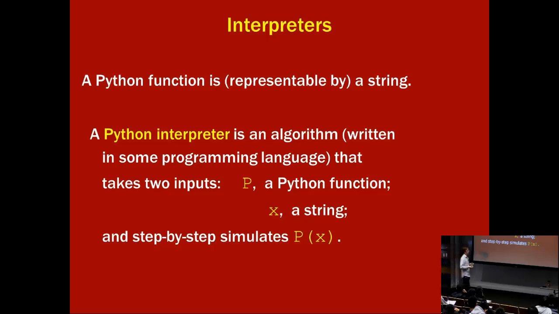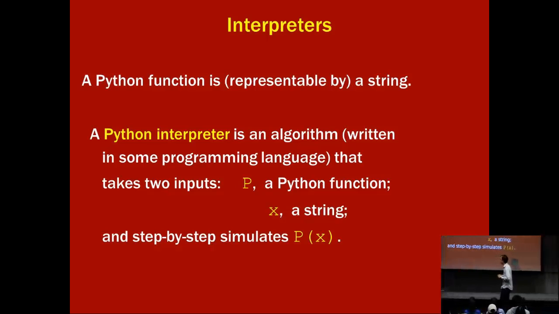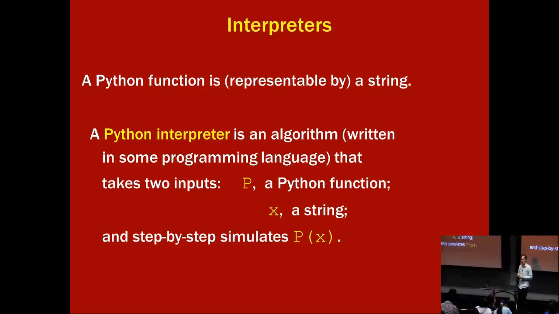It's some algorithm, which you write in any programming language, that takes two inputs: P, which is a piece of Python code, which you can represent as a string, and X, which is another string, the input that you want to run the code on. The interpreter takes these two inputs and should step-by-step simulate what would happen if you ran that code on that string. That's what we mean by an interpreter.